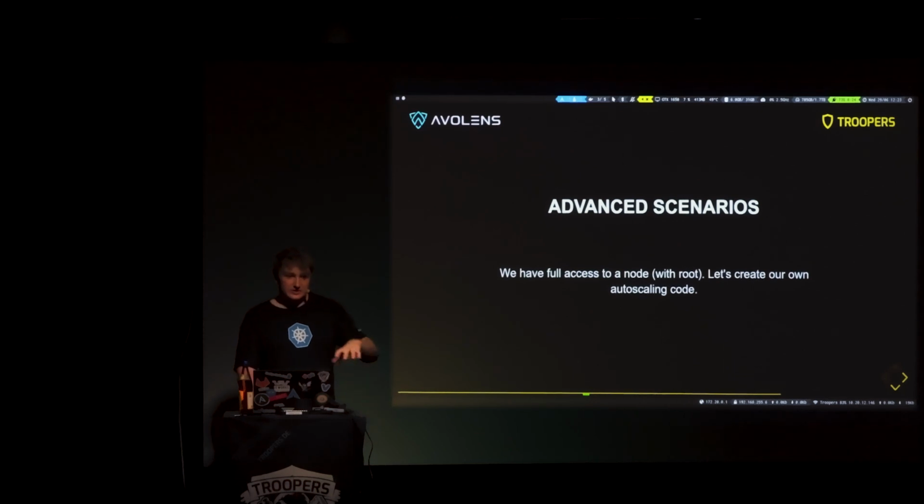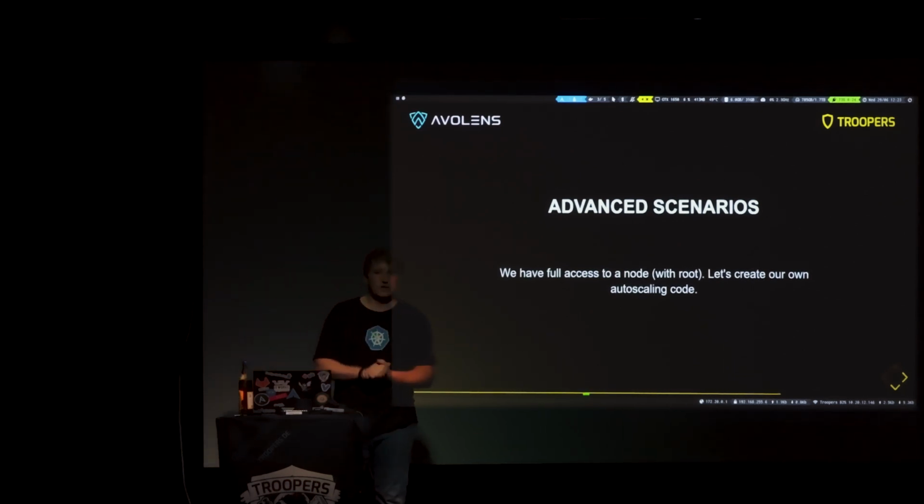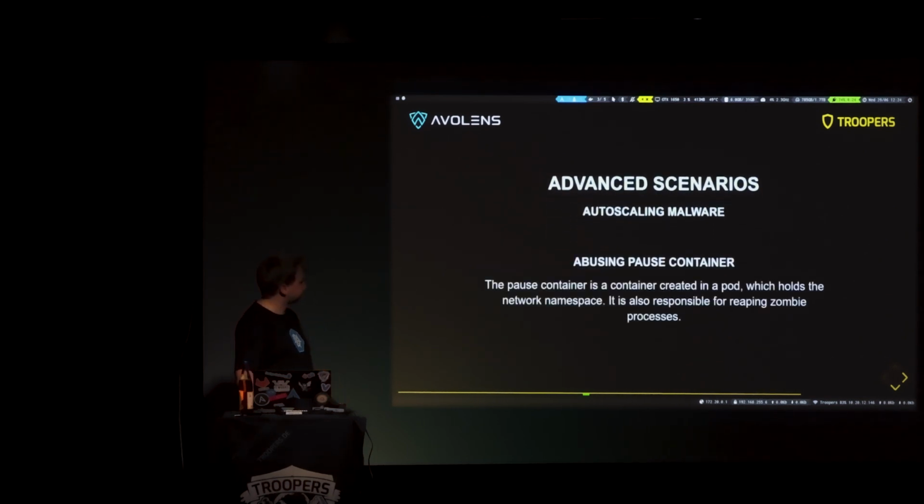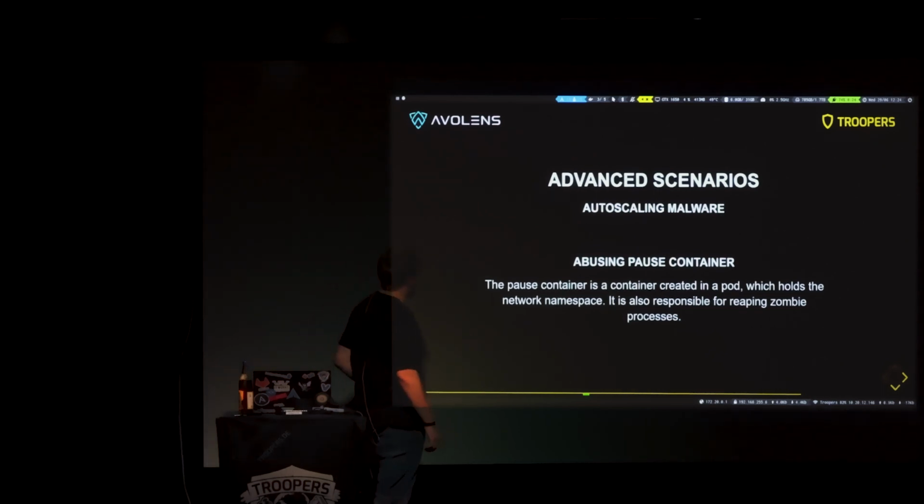Who here that also does Kubernetes security is aware of pause containers? Oh, you know them, that's great. So let's build our auto-scaling malware in Kubernetes, and we are going to abuse pause containers. What is the pause container?